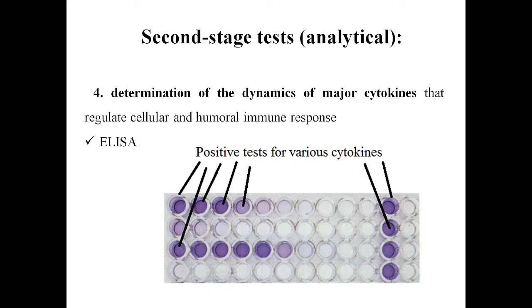I will explain ELISA next time. Now you may just see in this diagram, for example, in this plate, there are some samples of cytokines, 4 lines, and some of them are colored. It means the presence of various cytokines there.